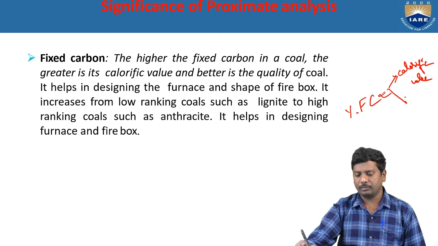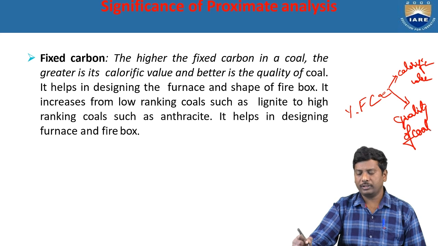And second one, nothing but quality of coal. So out of the total 4 analyses of the coal, moisture is inversely proportional, volatile matter is also inversely proportional, and ash percentage is also inversely proportional to quality of the coal. One and only fixed carbon will be directly proportional to quality of the coal and calorific value.